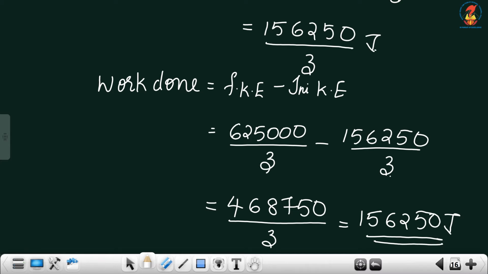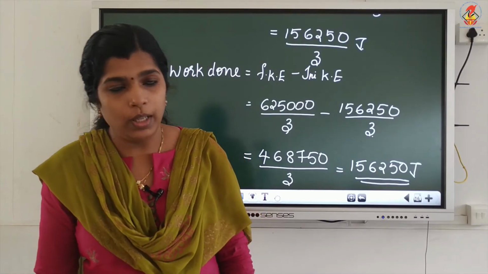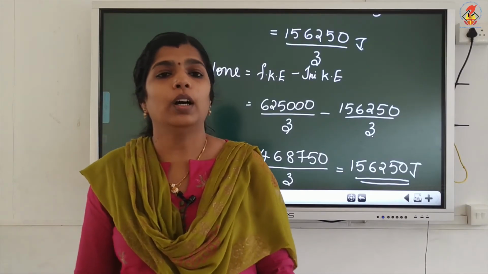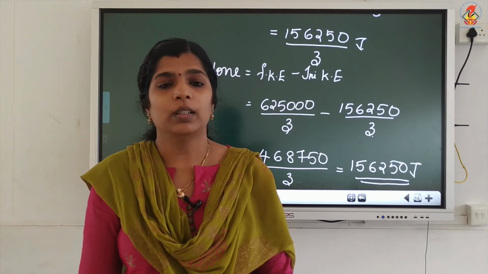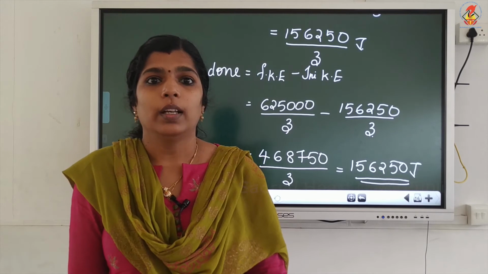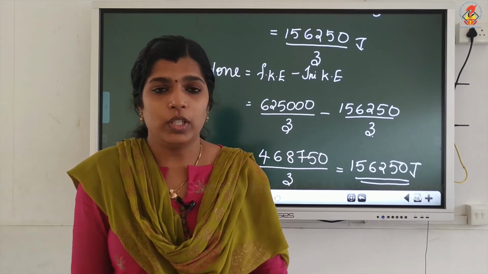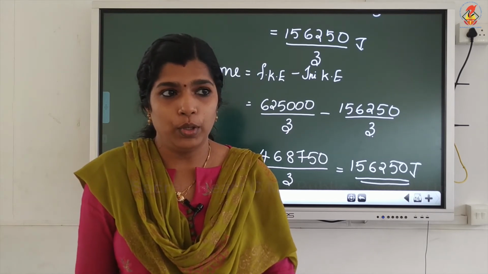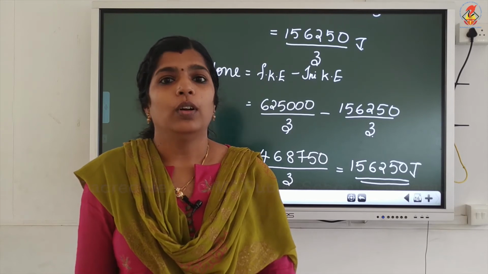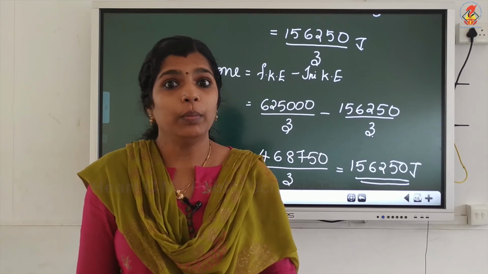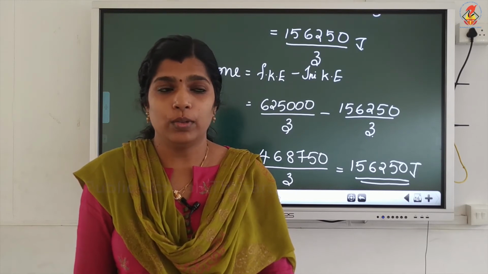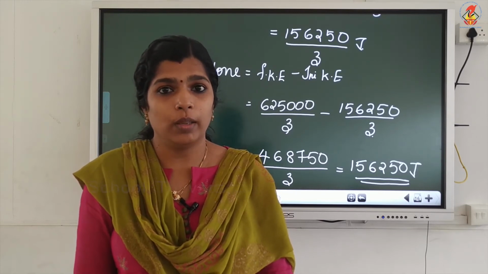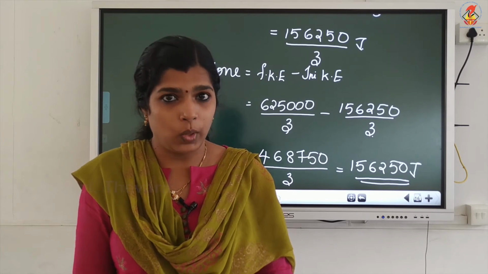Okay. So, how will you do it? If you are asked to find the work done to increase the velocity of a car from one value to another and the mass of the car is given, we will find the initial kinetic energy using the equation half m u square, and final kinetic energy using half m v square.